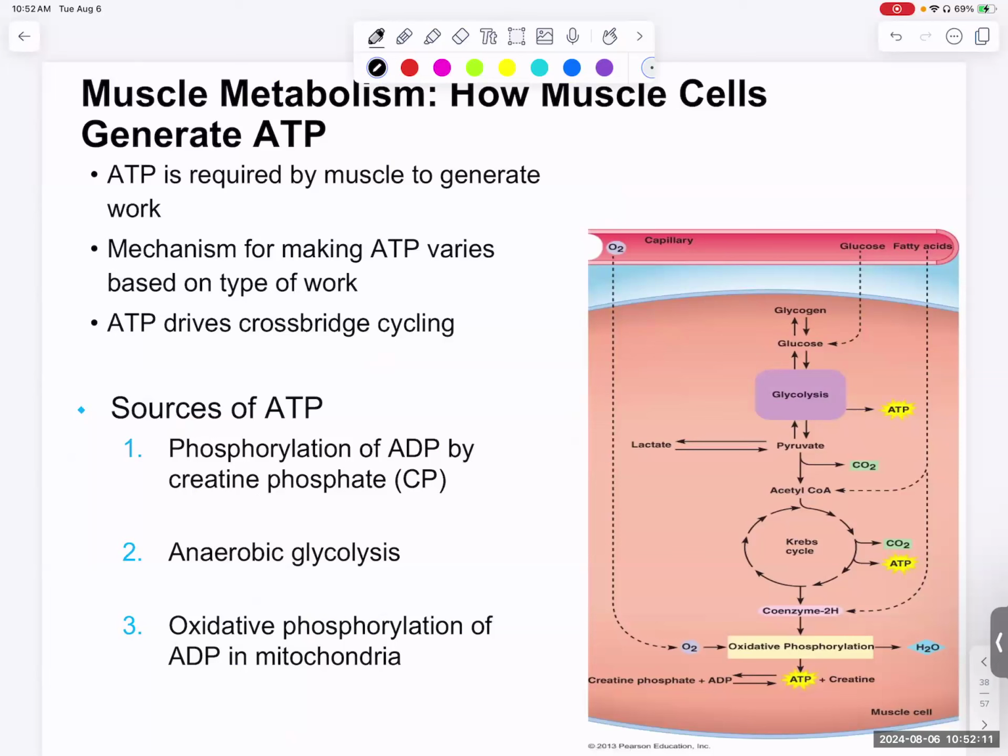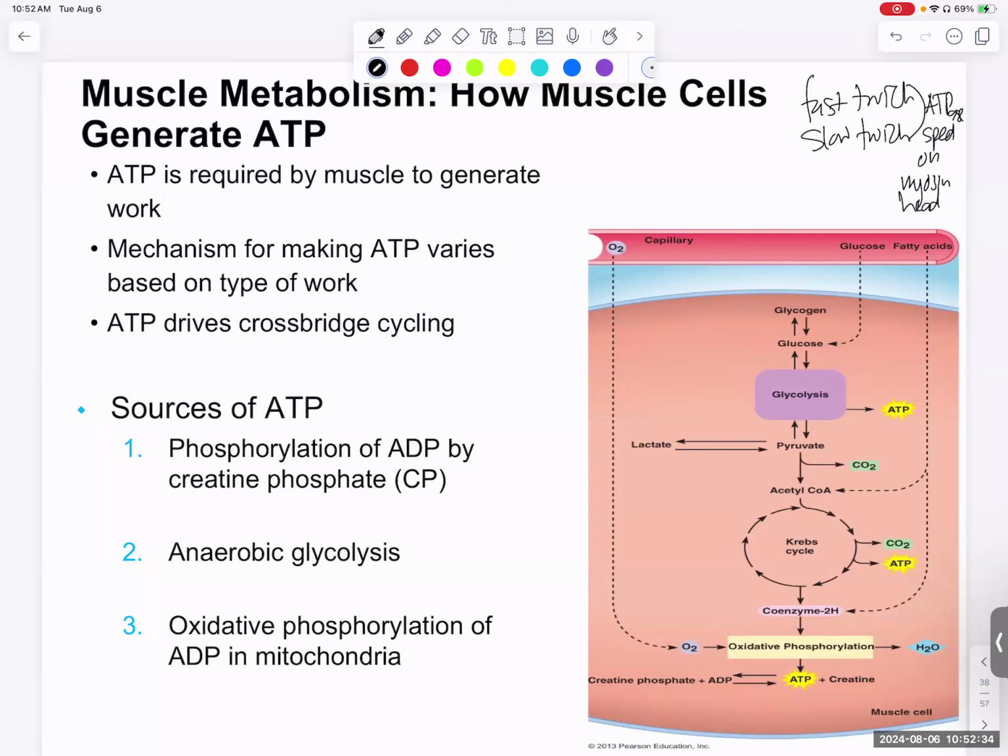All right, last thing we're talking about really is muscle metabolism and how muscle cells generate ATP. I keep talking about fast twitch and slow twitch. That is the ATPase speed on the myosin head.